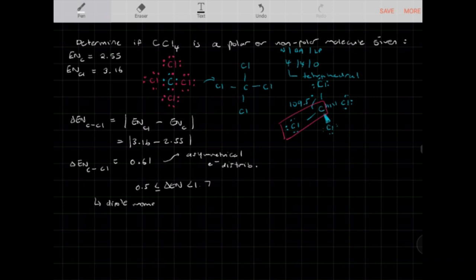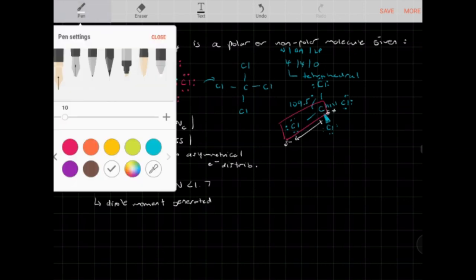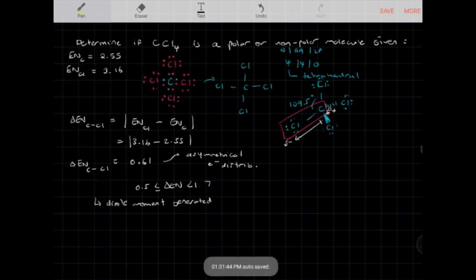So we get this dipole moment generated, and it should point to the more electronegative species. This is partial negative, and this here is partial positive. You can imagine that's going to happen here as well, and these bond lengths should be relatively the same. You should have one here as well.